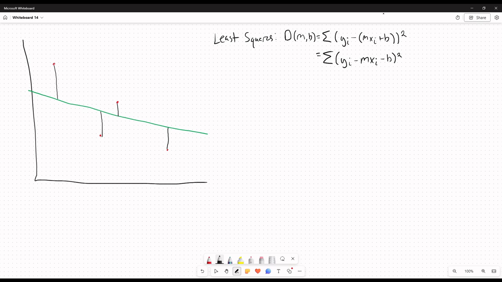There's a whole bunch of arbitrary constants, yi and xi, but those are just given to us by our data sets. And what we're trying to optimize isn't those points, but is the slope and intercept of the line we're trying to find.